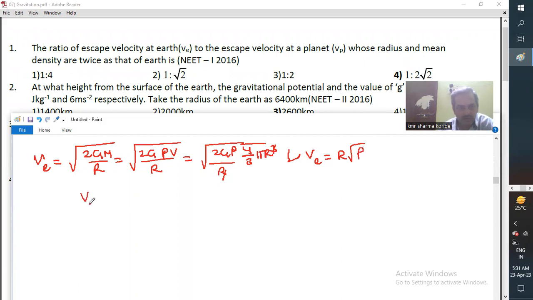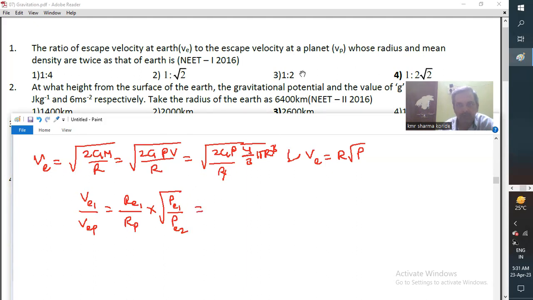So escape velocity on the Earth to escape velocity on the planet will be R on the Earth, R on the planet, into under root the mean density of the Earth, mean density of the planet.